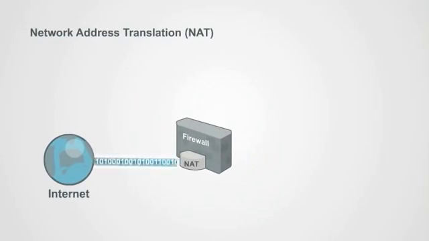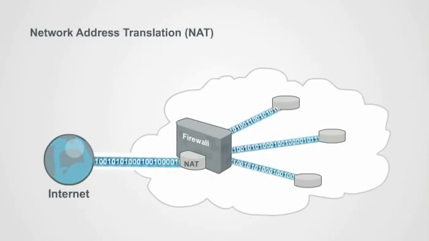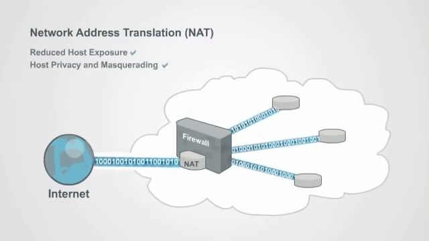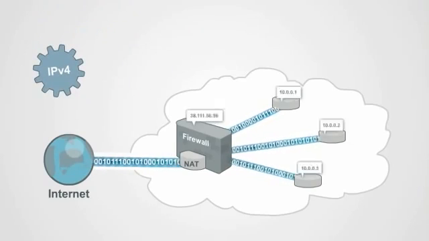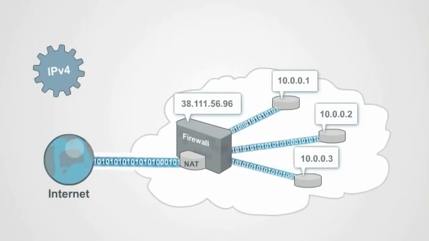Network Address Translators, or NAT, provide a number of benefits in networks, such as reduced host exposure, host privacy and masquerading, as well as topology hiding. The IPv4 Internet architecture has incorporated the use of NAT originally as a stopgap mechanism for the imminent exhaustion of the IPv4 address space.